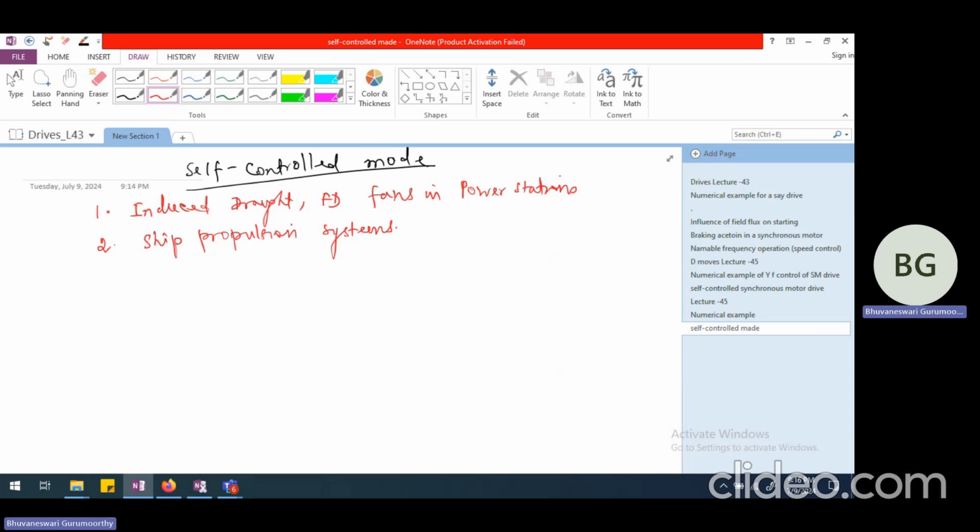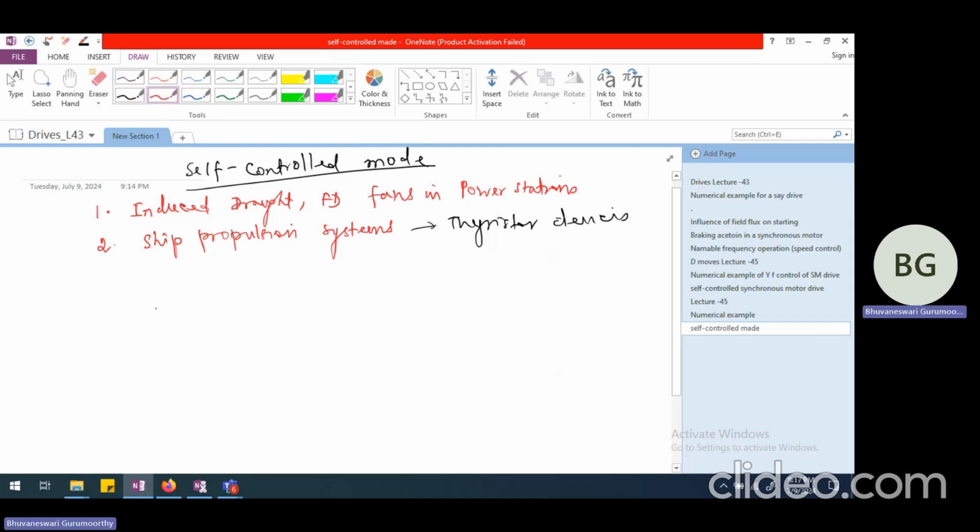If a very large capacity motor is being driven, then the converter also has to be of large capacity, and naturally thyristor devices will be the natural choice. These thyristor devices, used in a ship propulsion system along with the synchronous motor drive, generally operate in self-control mode.